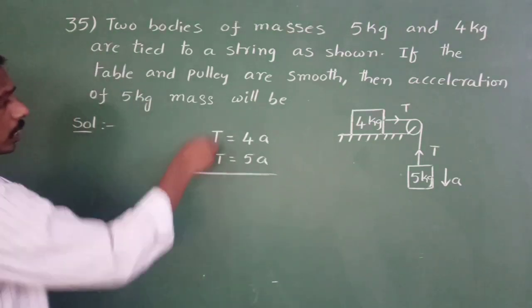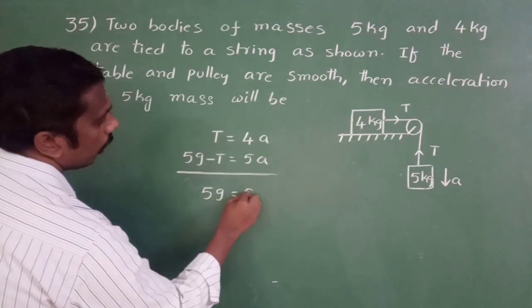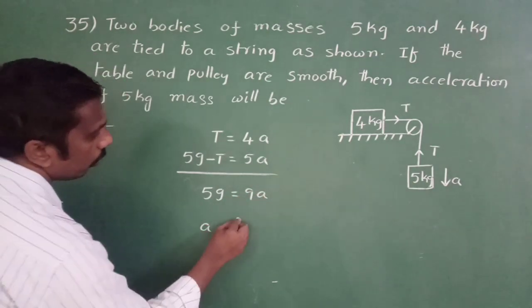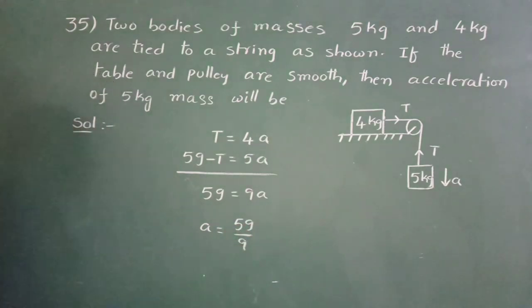Add these two equations, T gets cancelled, 5g is equal to 9A. From this, A is equal to 5g by 9. So this is the acceleration. But we know the g value, 9.8.